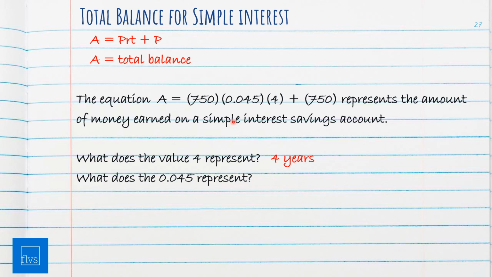Remember, it has to be changed to a decimal, so the actual percentage is 4.5% interest. What does the 750 represent? The 750 is the principal. We have it twice because we have P twice in the formula.